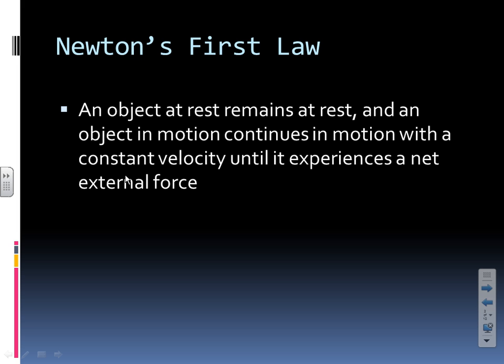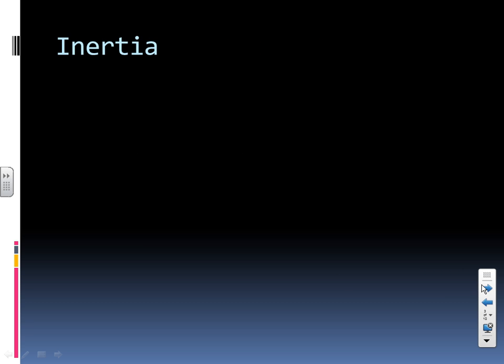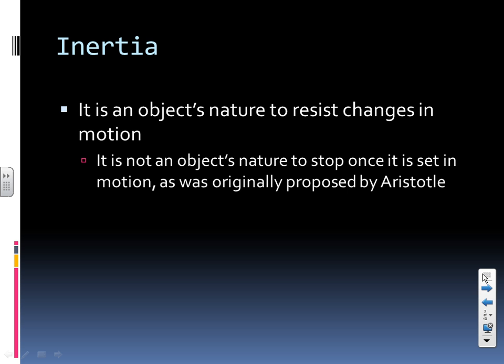It will only change from that path if something makes it change from that path. And Newton calls that idea inertia. So inertia basically sums up Newton's first law. Inertia: it is an object's nature to resist changes in motion.